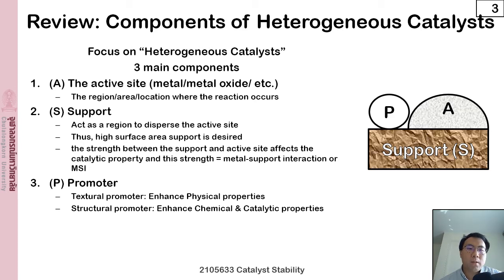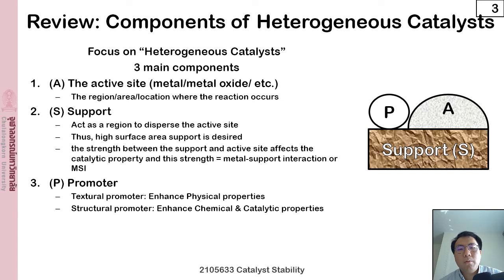The last component you may or may not have in your catalyst. That's fine, but if it exists in your catalyst, this component will promote the properties of your catalyst, as we classify it into two groups. The first one is a textural promoter, and the second one is a structural promoter.